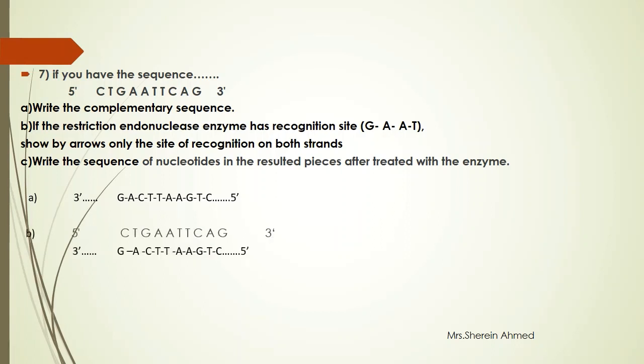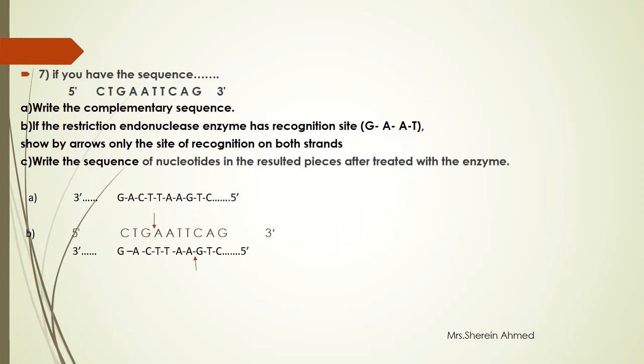These are the two strands. Then, this is the recognition site, GAAT. So the restriction endonuclease will cut at or near it here. This is the first site. And of course, you remember that we read the recognition site from 5' to 3' on both strands.